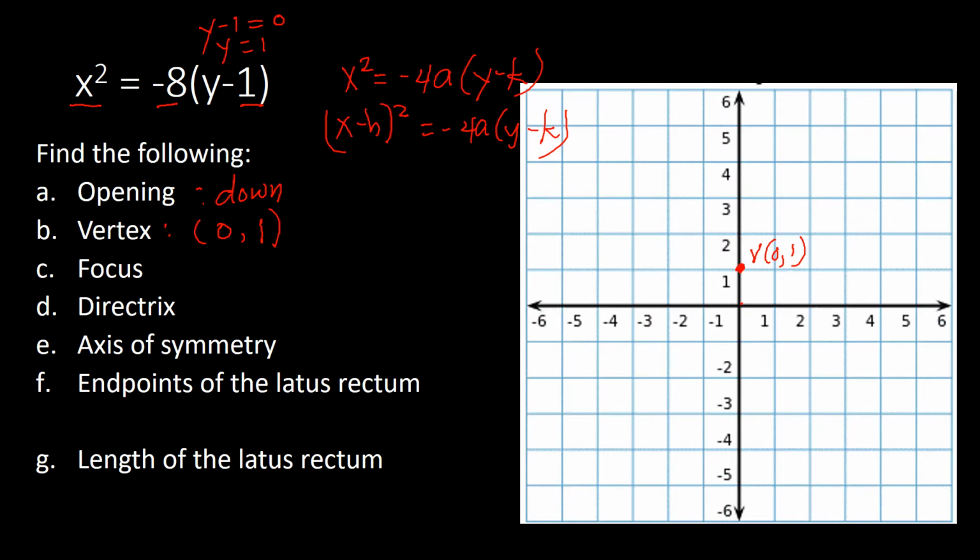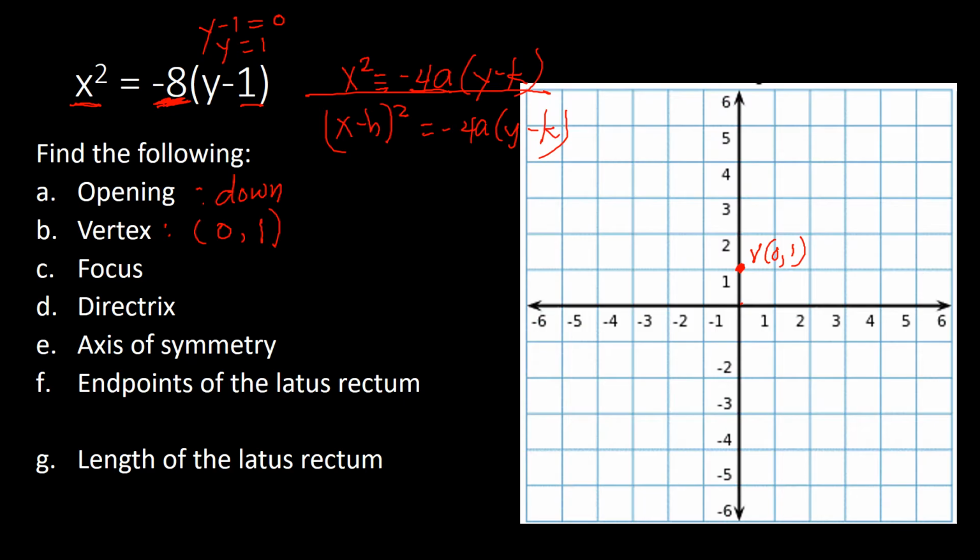So if we have negative 8 being multiplied to y, our negative 8 is our negative 4a for this particular equation. We have this format: x squared equals negative 4a times (y minus k). So negative 4a is negative 8.